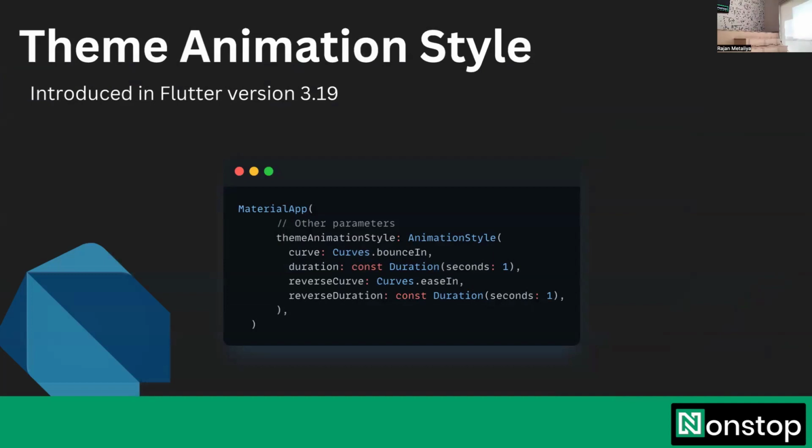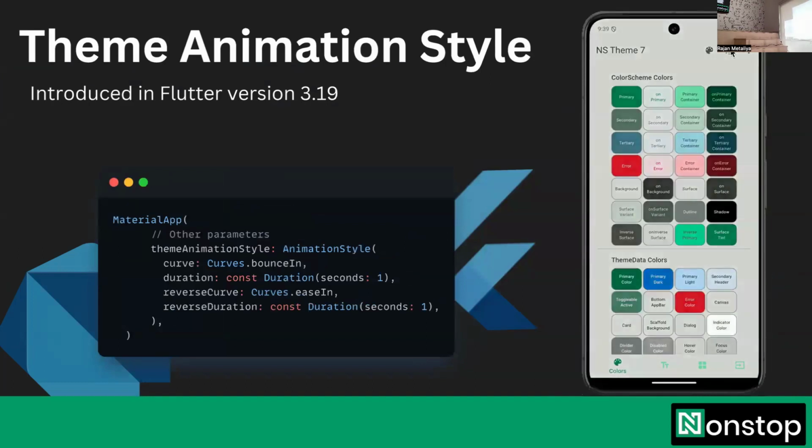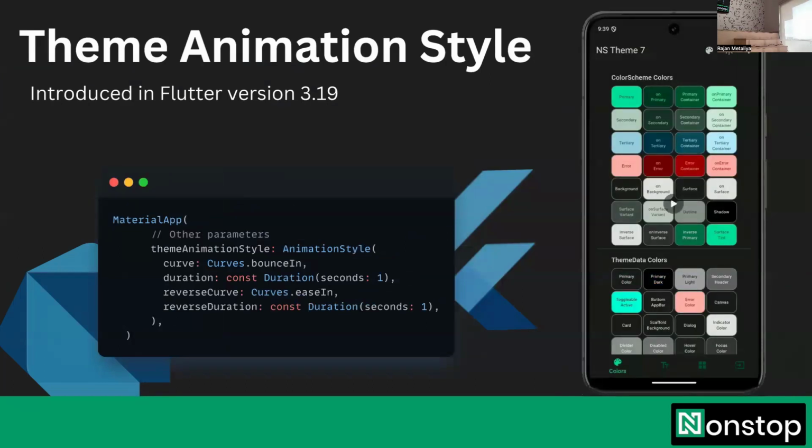Now, has anyone tried theme animation? This is just introducing the animation, very fancy. Earlier, the theme change was instant; there was no animation. If we see in the video, currently the curve is ease, so the transition from dark into light is eased.